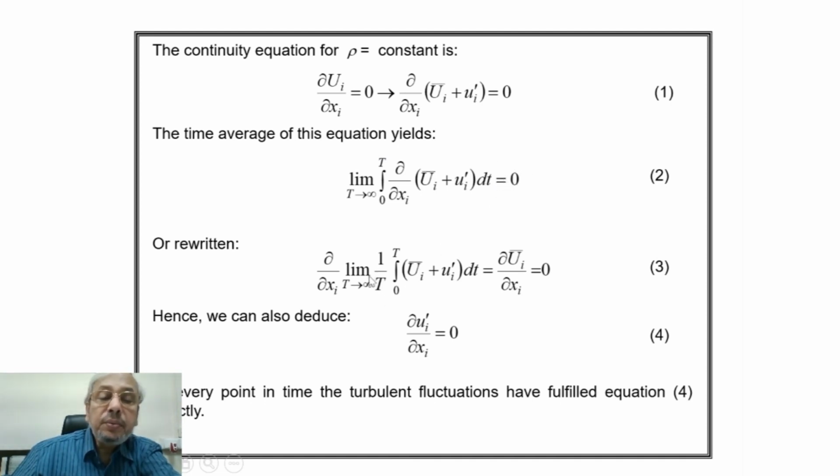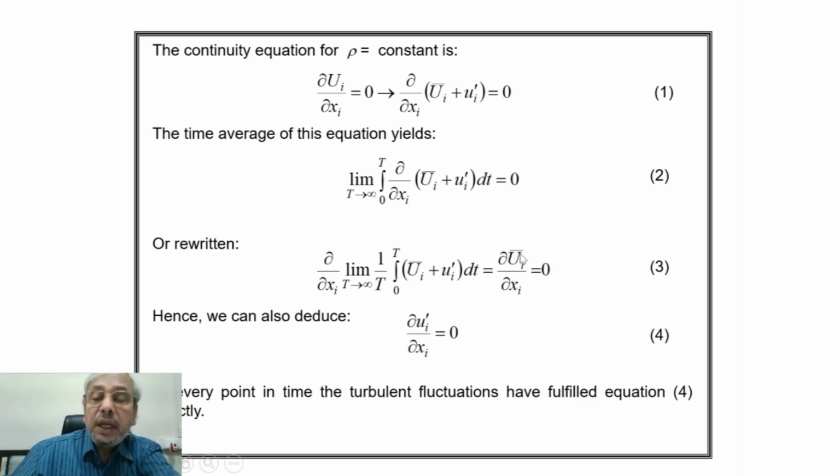And if we write it in this way, as time t tends to infinity, 1 by t, the integration over this time window of ui bar plus ui prime, then we will obviously get the continuity equation satisfied by time mean quantities.